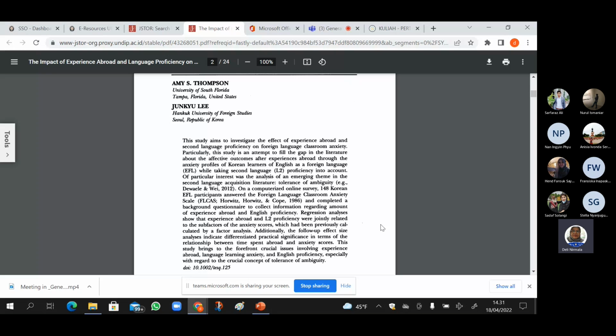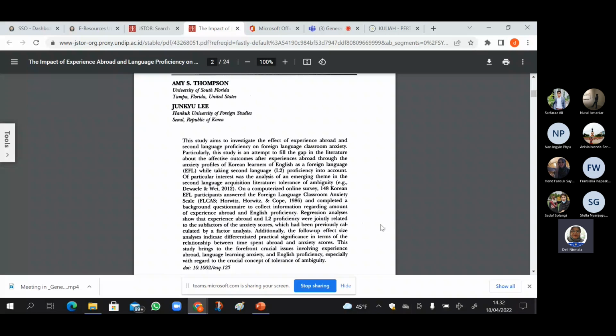So in this study, the result is that the follow-up effect size analysis indicates differentiated practical significance in terms of the relationship between time spent abroad and anxiety scores.